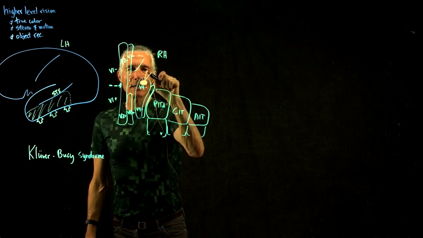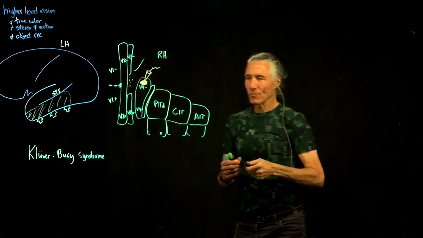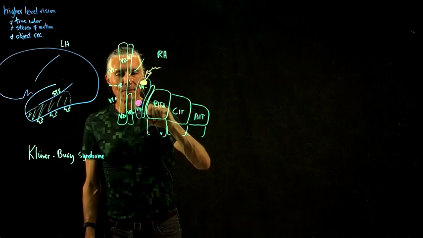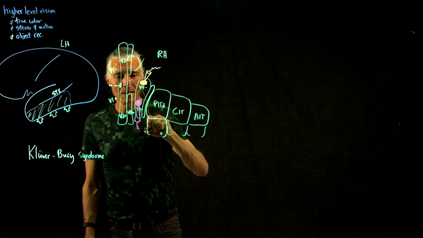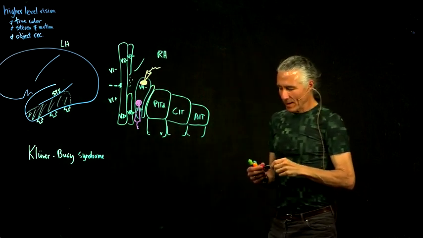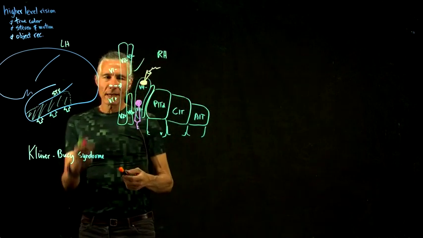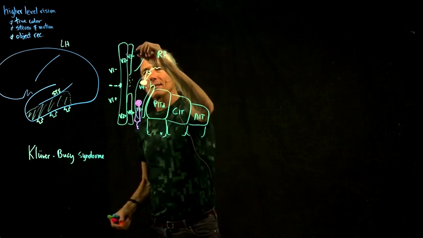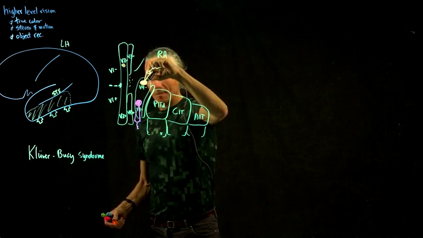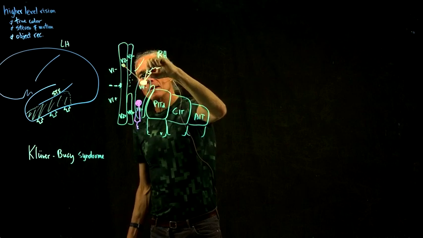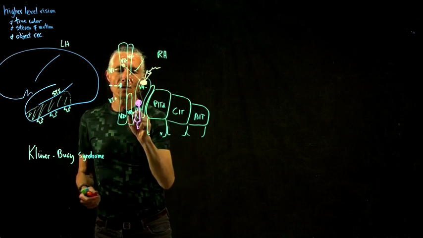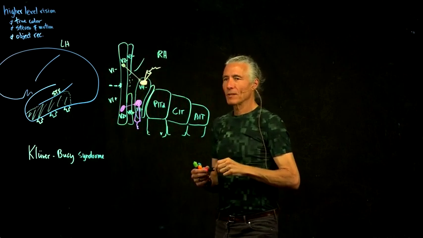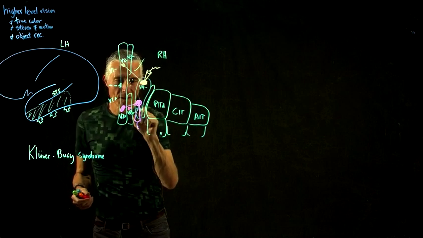If we inject one color dye into lower field V4 and a different color dye into upper field V4, we can look at where the connections coming into those are. One thing we'll find is that there'll be a spot in V2 that projects in there, and a spot in V2 coming from the upper field that projects into there, and another spot coming from VP.